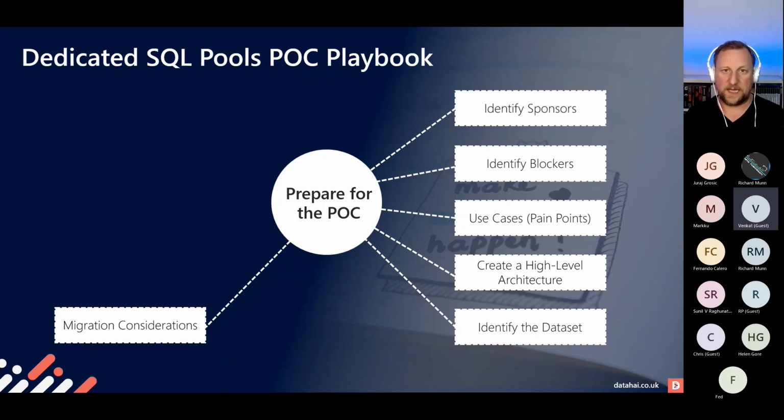Ultimately, if you're looking at proof of concepting querying and querying speed, you don't want to go through a whole bunch of ETL refactoring just to get the data into Synapse and then to find out that, yeah, this isn't quite working out for our workload expectations.